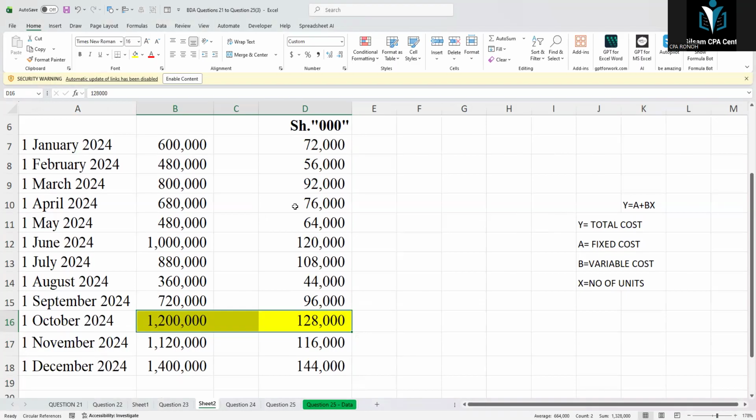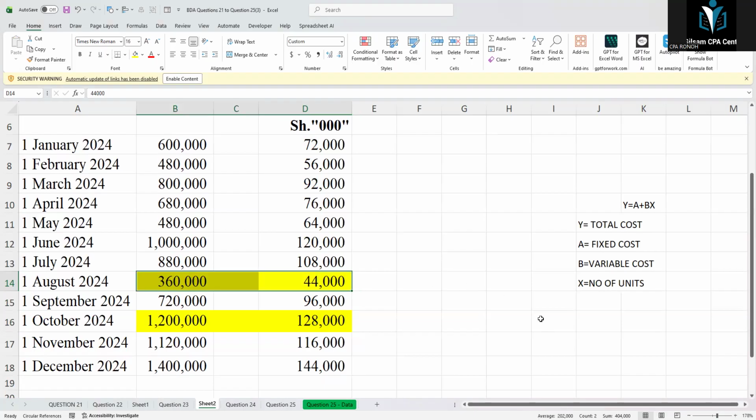And then we get the lowest cost. The lowest cost here is 44, with the corresponding unit of 360.